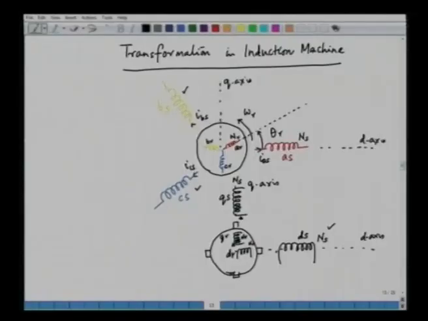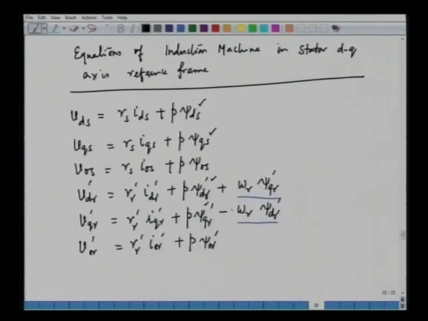So, due to that we have plus in the d axis, that is omega r into psi qr, and then we have minus in the q axis equation omega r into psi dr, which was in opposition to the direction of the rotationally induced EMF of the Kron primitive machine. But it does not matter. If the direction is reversed, the direction of the rotational EMF will also be reversed. Okay? Nothing else will be changing, only the direction of the rotationally induced EMF will change.